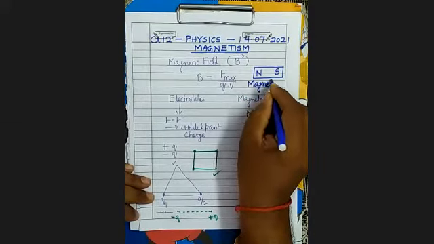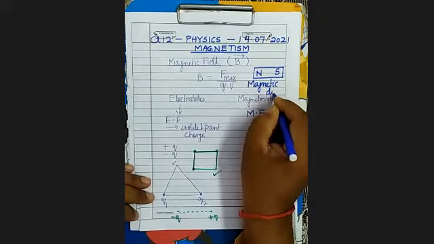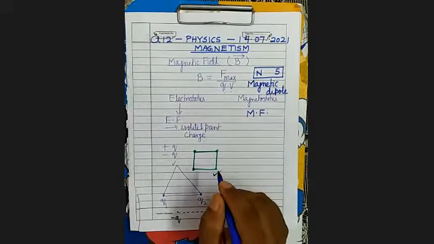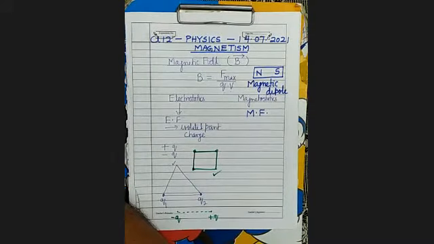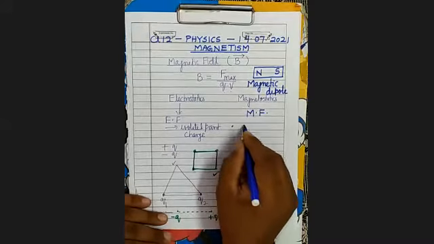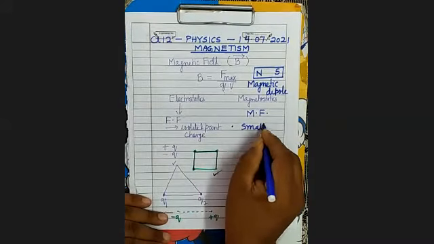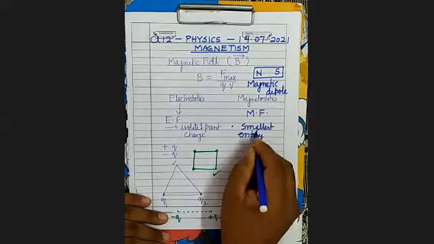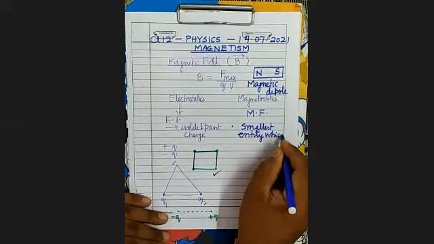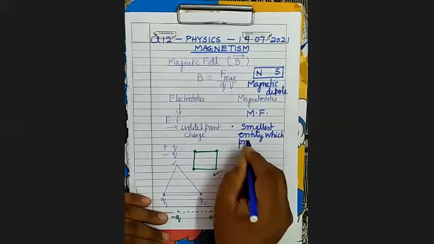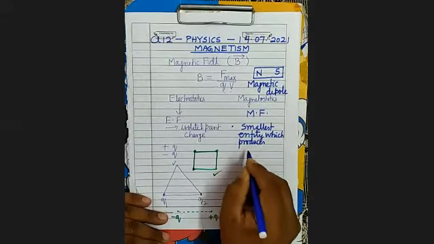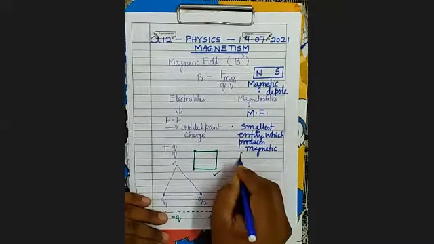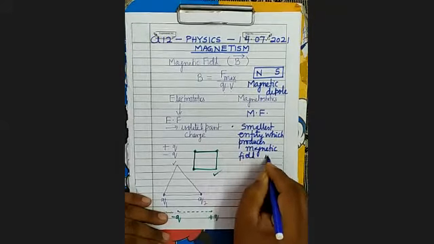It is the magnetic dipole. So the smallest entity which produces magnetic field is the magnetic dipole.